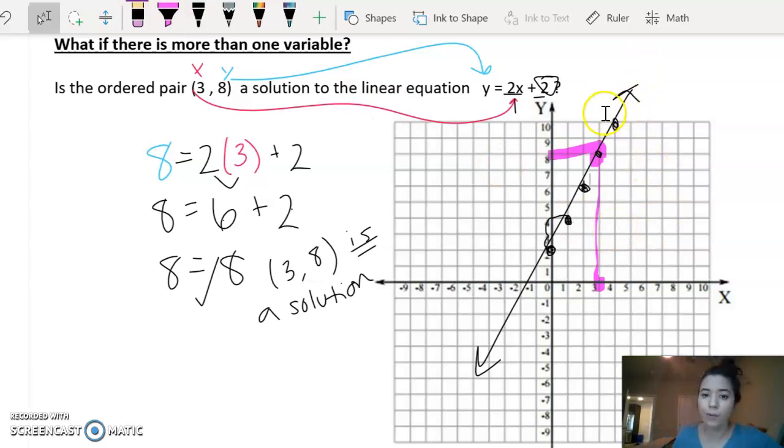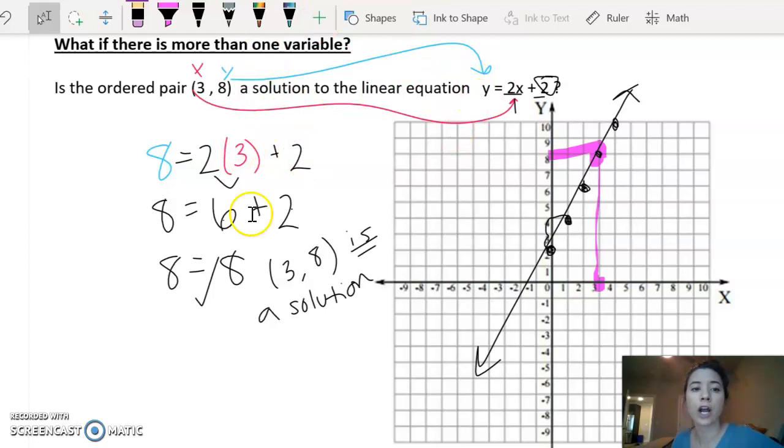When we graph a line, it shows us all of the possible solutions. So (0, 2) is a solution; if you plug that in, you get something true. If you plug in (1, 4), again you get something true. All of these points on the line show all possible solutions for this equation. That is the point of our graph, to show all solutions.